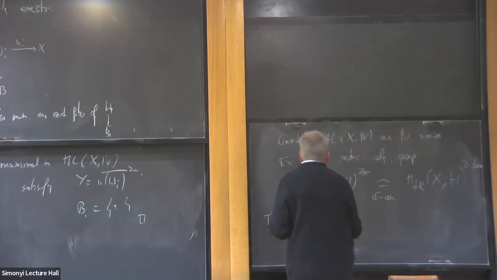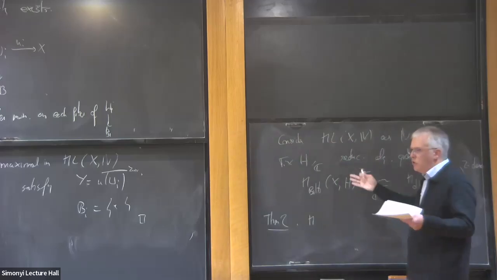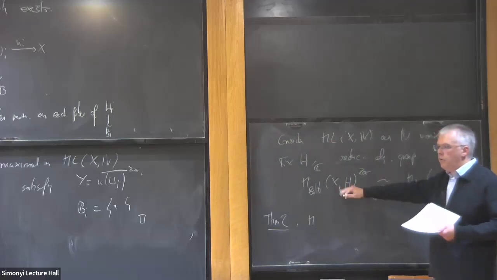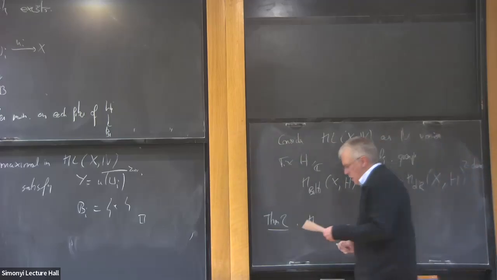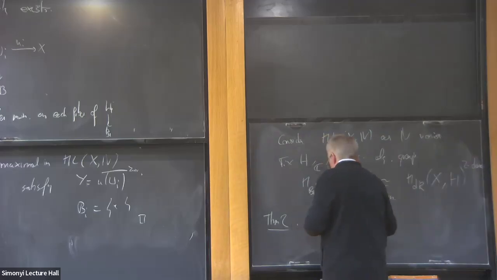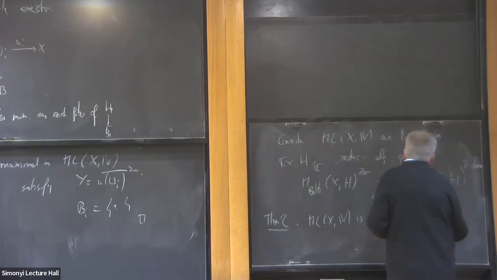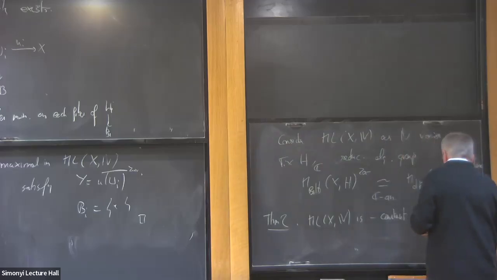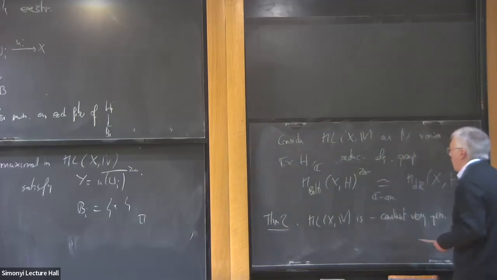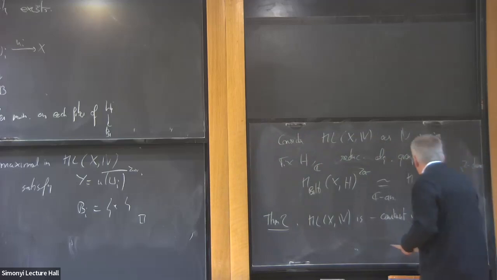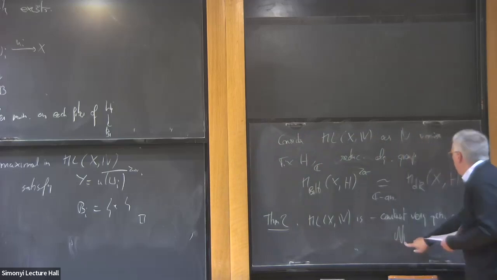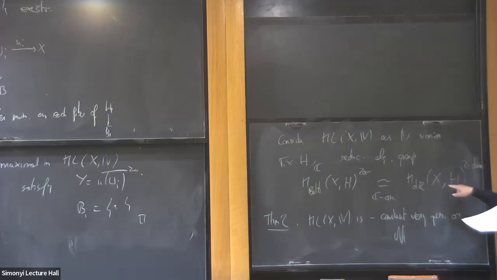is that now I want to think of ML of X V as a function of my representation V. So ML of X V is constant very generically on M, and what is M? M is an irreducible component of this.